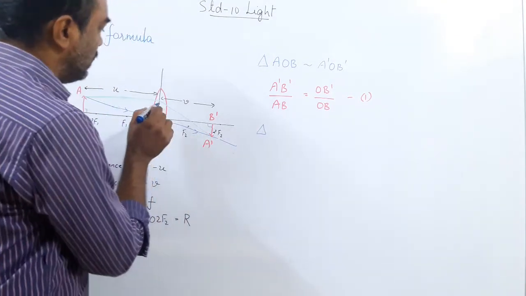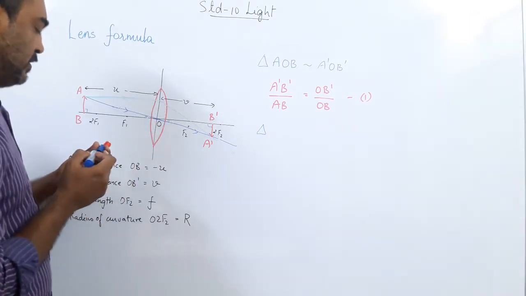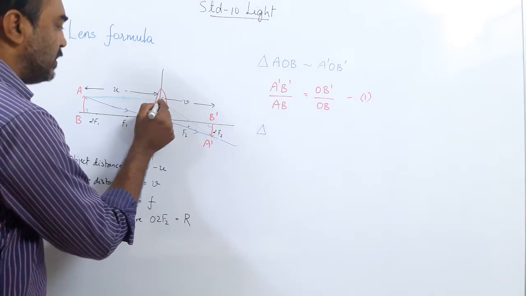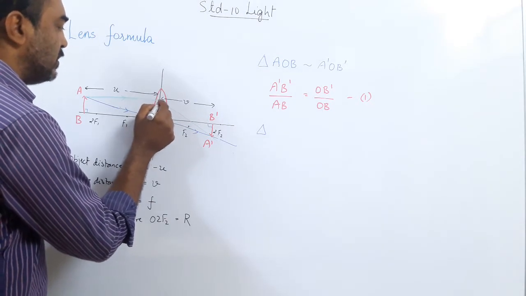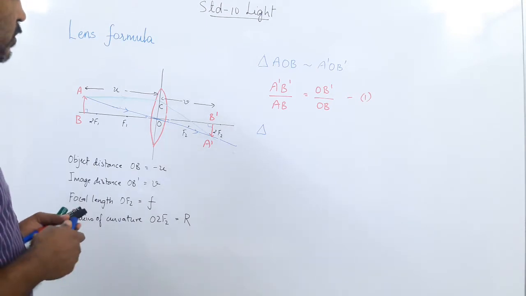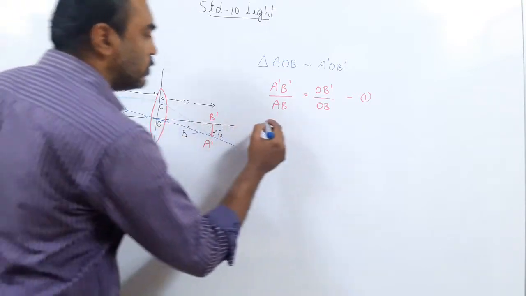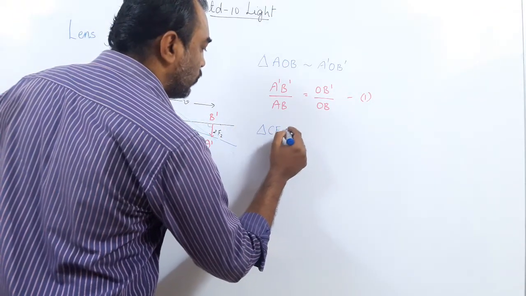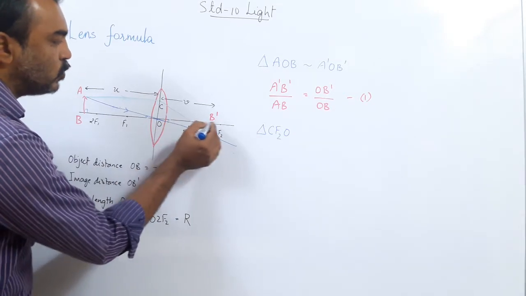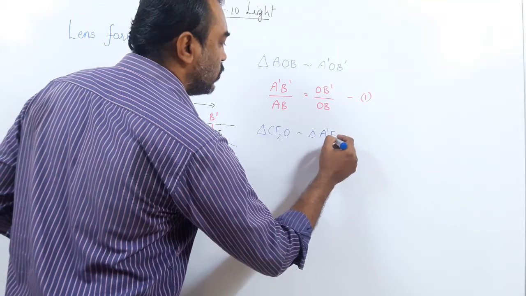Now look at the next triangle. Let me call this point C, where it meets the lens. So now I am taking triangle CF2O and A prime F2B prime.